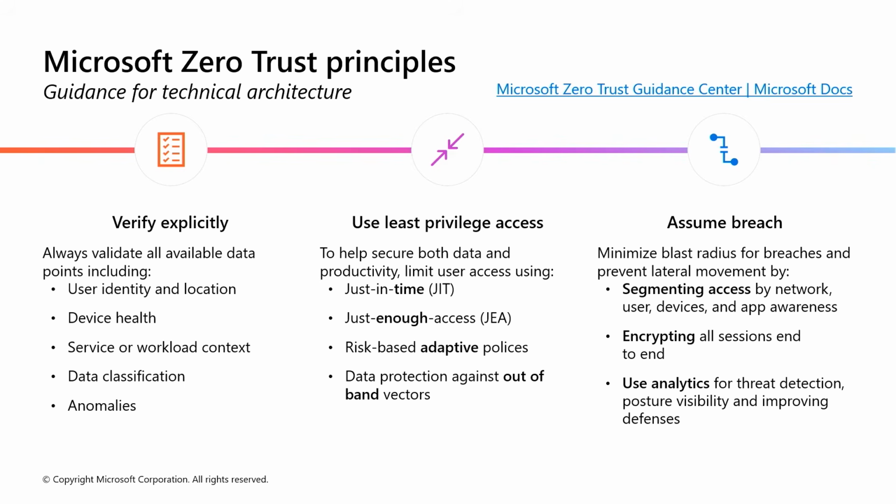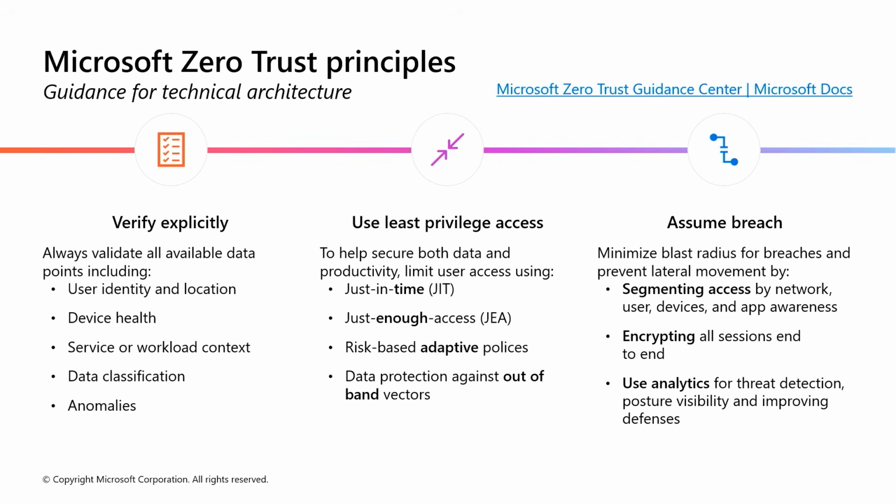Use least privilege access. After verification, access should be granted based on the principle of least privilege. This means receiving only the minimum level of access required to perform tasks, and only as long as necessary. So just enough access and just in time. For example, a user might be given access to a specific resource for a limited period of time.